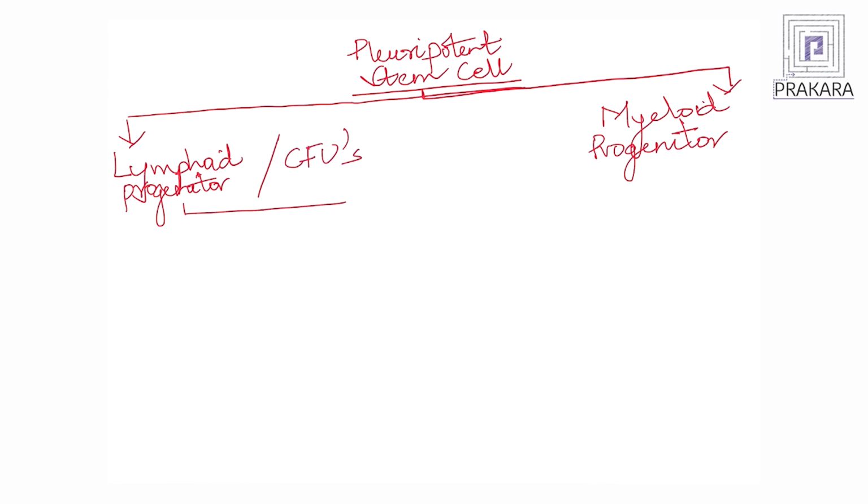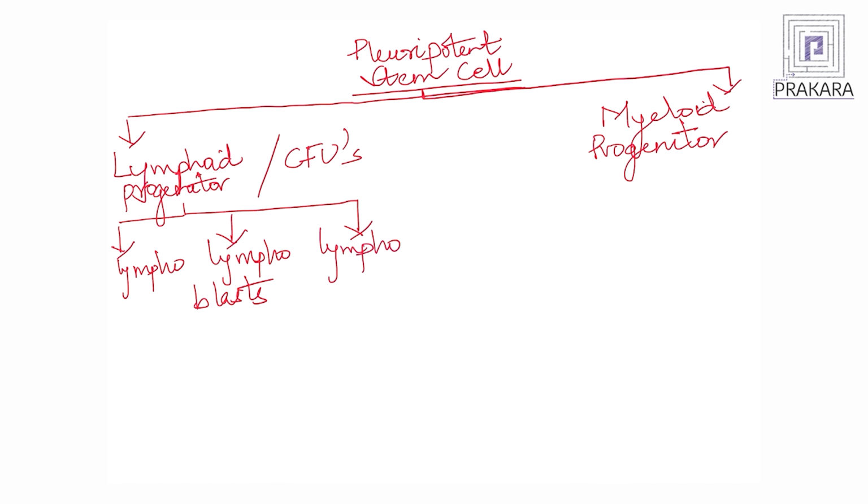What happens next is the progenitor cells divide into precursors of the mature blood cells. Now these precursors are called blasts. So the lymphoid progenitor will divide into 3 types of lymphoblasts.